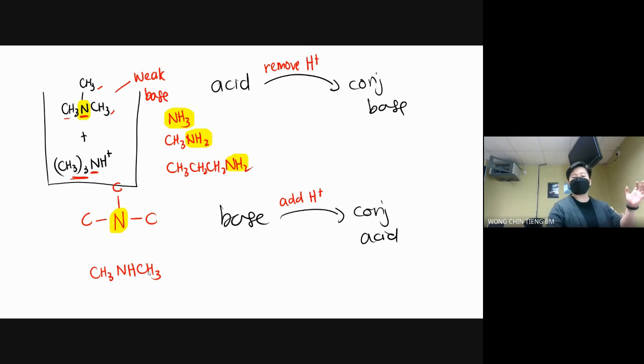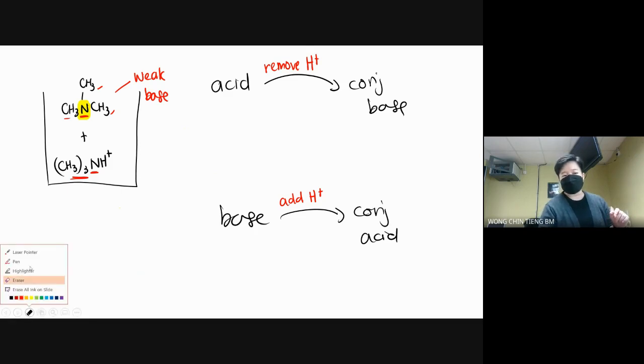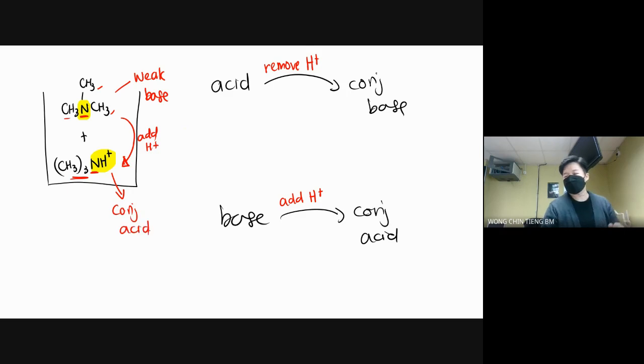And looking at your weak base right now, look at the changes. Adakah kita ada penambahan satu proton? H plus, betul. Dia jadi N, tadi N je. Sekarang dia jadi NH positif. So adakah dia conjugate? Yes. So nampak kat sini perubahan dia adalah add in proton. Bila add in proton bermakna pacik ni sekarang adalah conjugate acid. So the next question, adakah dia buffer?